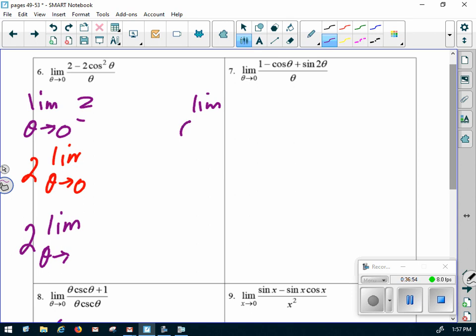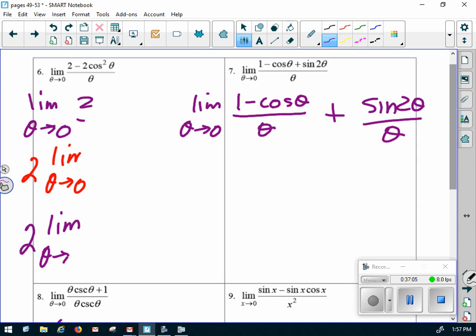The limit as theta approaches 0 of 1 minus cosine theta over theta plus sine 2 theta over theta. I'm taking the limit of a sum, so I can take the limit of each one separately and then add them back together. What is the limit as theta approaches 0 of 1 minus cosine theta over theta?